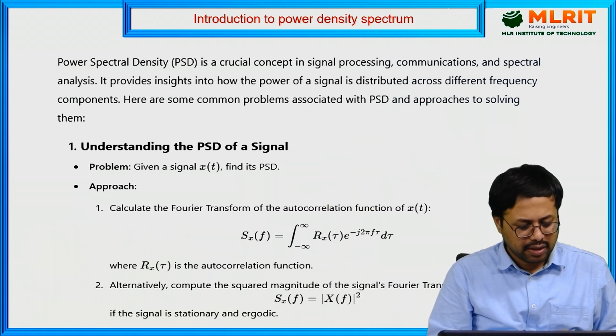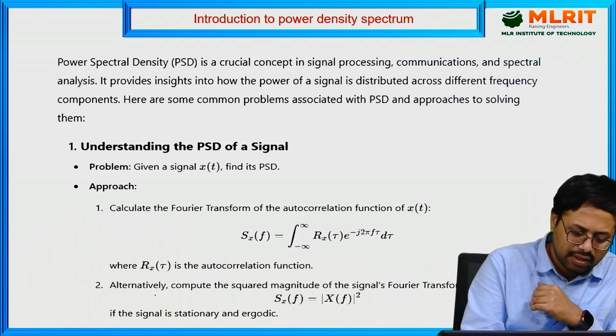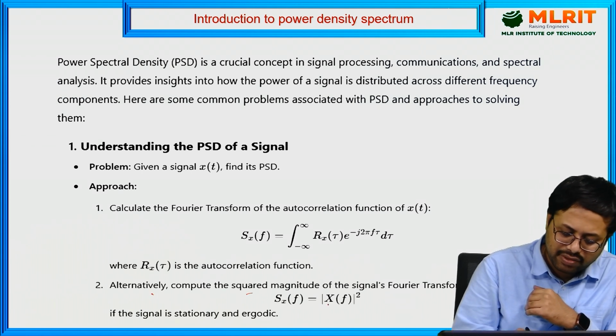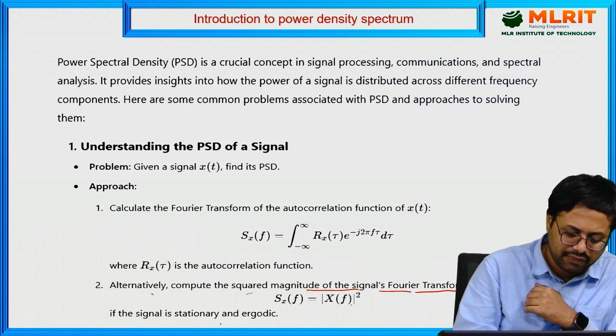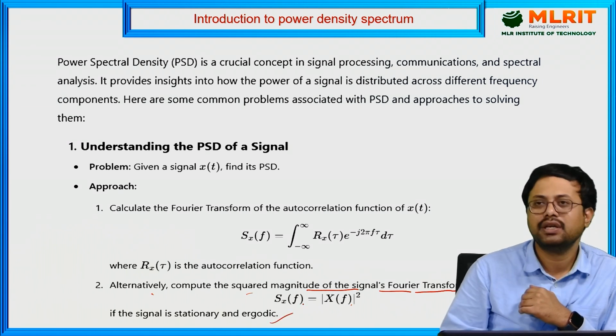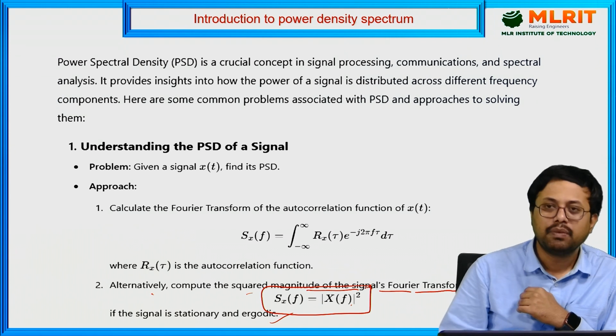Now we have one more definition: alternatively, the square of the magnitude of the signal's Fourier transform, if the signal is stationary and ergodic. This is also one of the definitions of the power spectral density.